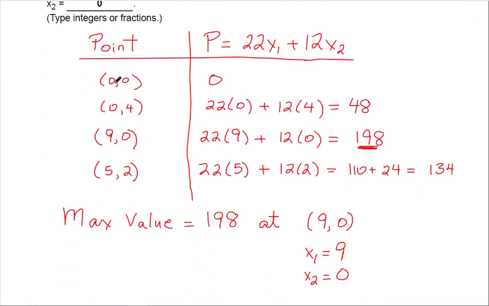So I figure out at 0, 0, P is 0, and at the other points, the values that I get. The biggest number is 198, and that is occurring at the point 9, 0. And that concludes section 6.1.